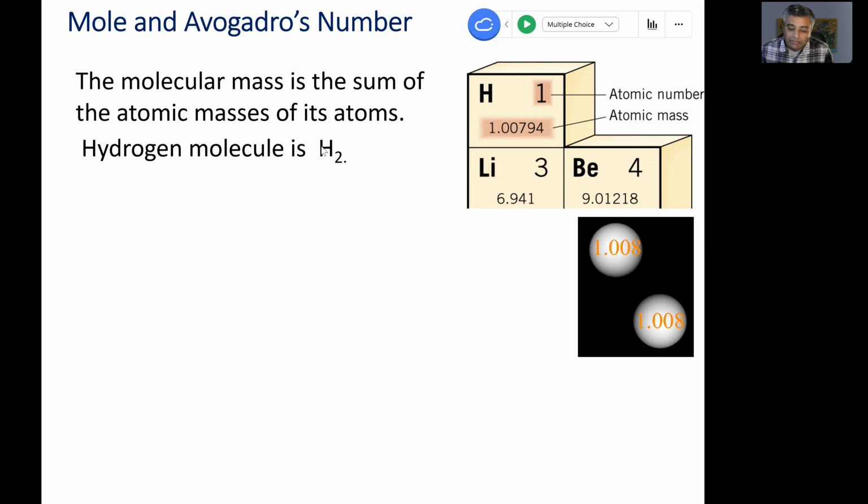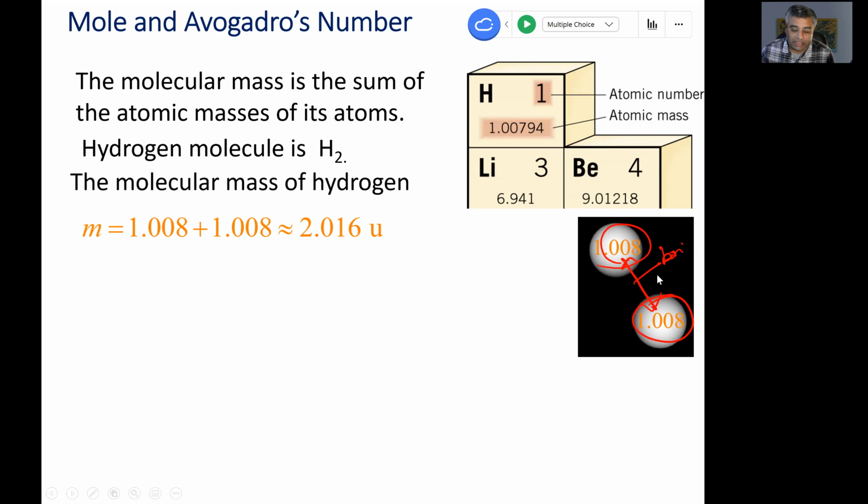So to find the mass of a hydrogen molecule, we can just add the masses of the two hydrogen atoms. One atom, another atom, and these two atoms make a molecule, with a bond between them. So for the total mass of a molecule, you can just add them. It's going to be 1.008, and so on, and when you add, it becomes double. The unit is the atomic mass unit.